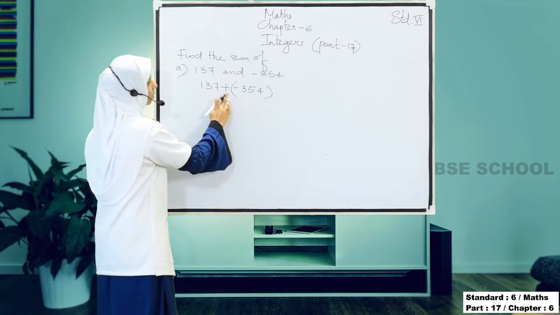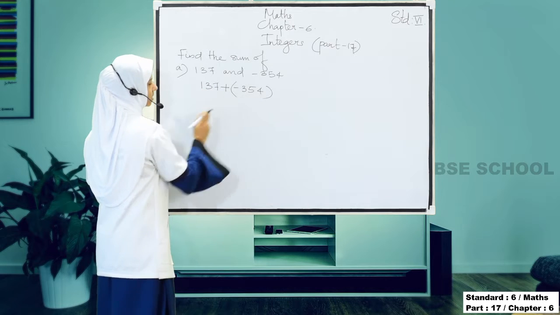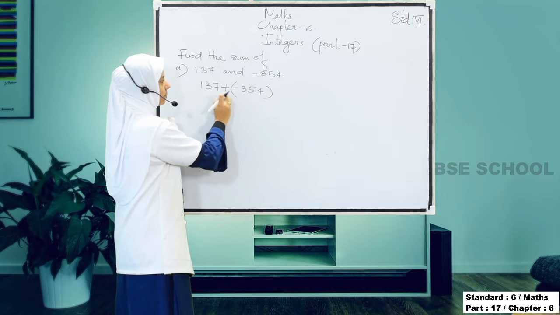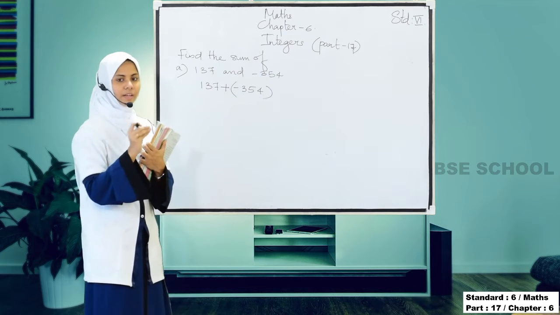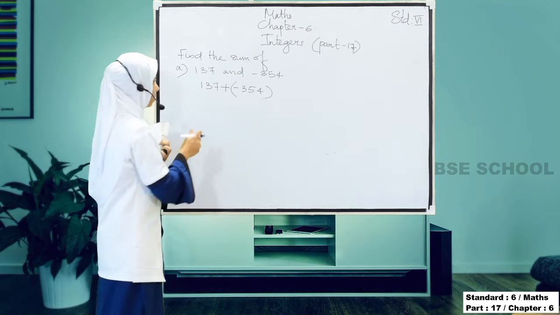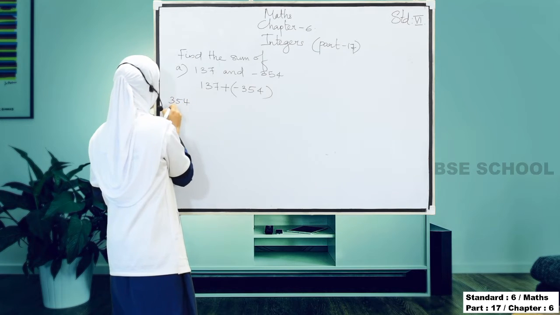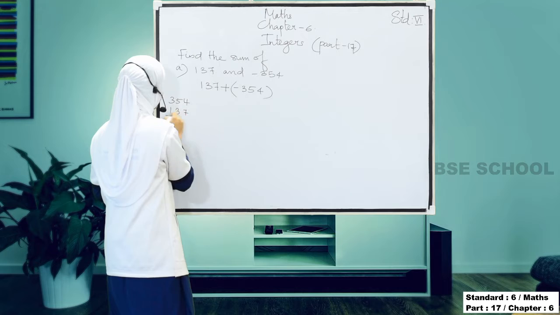So here one positive number and one negative number. When one positive and one negative number come, we have to subtract those two numbers and put the sign of the greater number. So we have to subtract the numbers first. 354 minus 137. Okay.